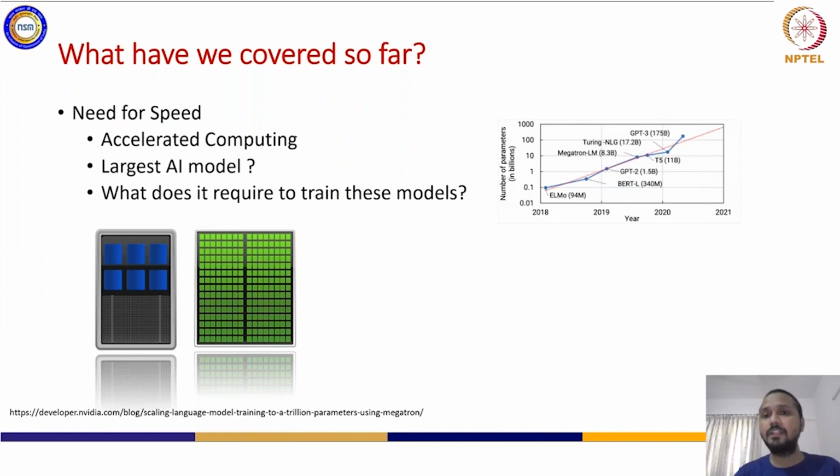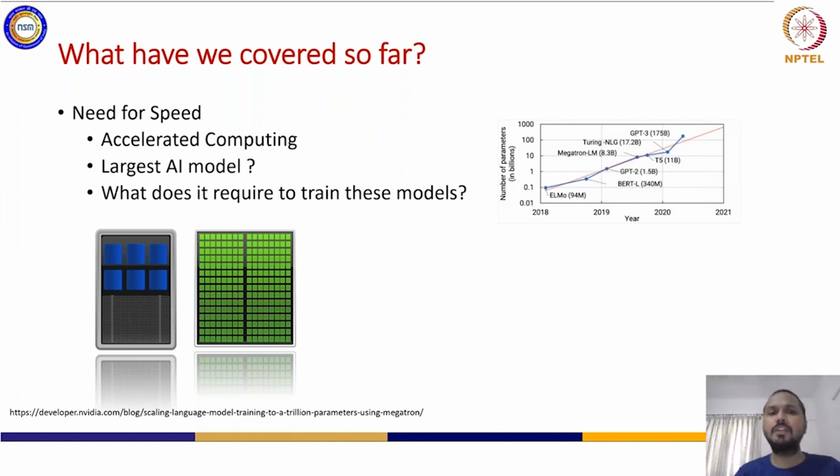The model size is increasing very drastically. In 2018, we were talking about 94 million parameters, and now we are talking about 175 billion parameters in 2020. And we are still in 2022, where it's already known that we are going to cross a trillion parameters.